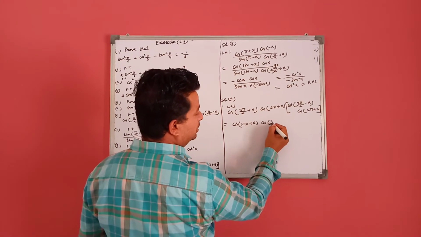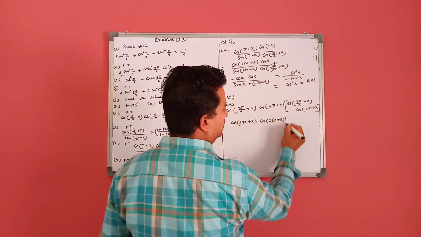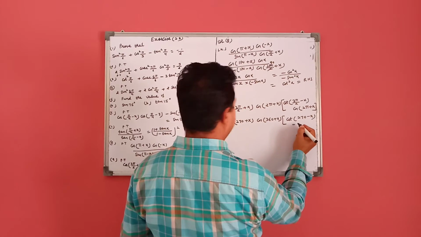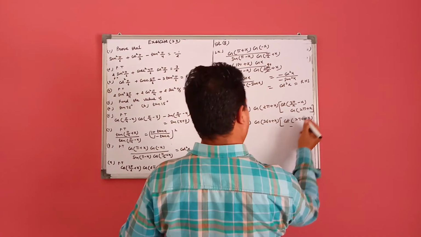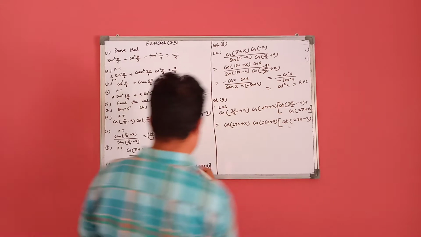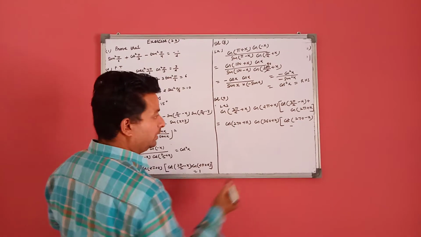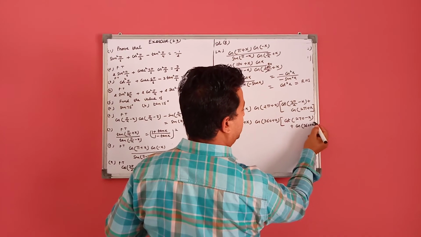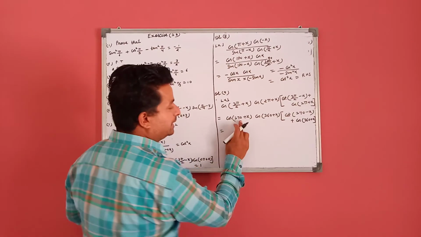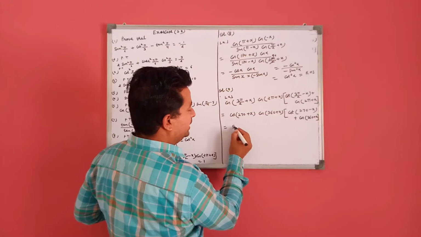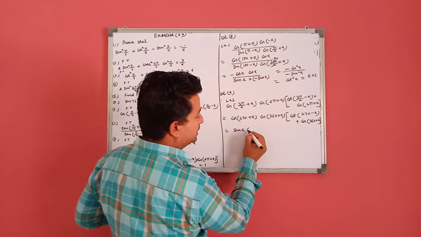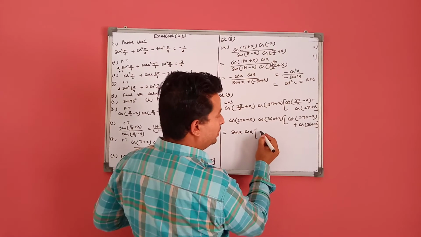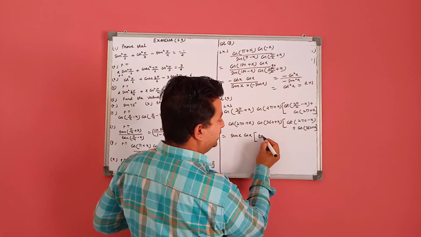This becomes 360 plus x. This becomes cot(270 minus x). There is a plus sign, there is also a plus sign, plus this becomes cos(360 plus x). This lies in fourth quadrant, but there is a change of t ratio. This lies in first quadrant, no change of t ratio. This lies in third quadrant, there is a change of t ratio.